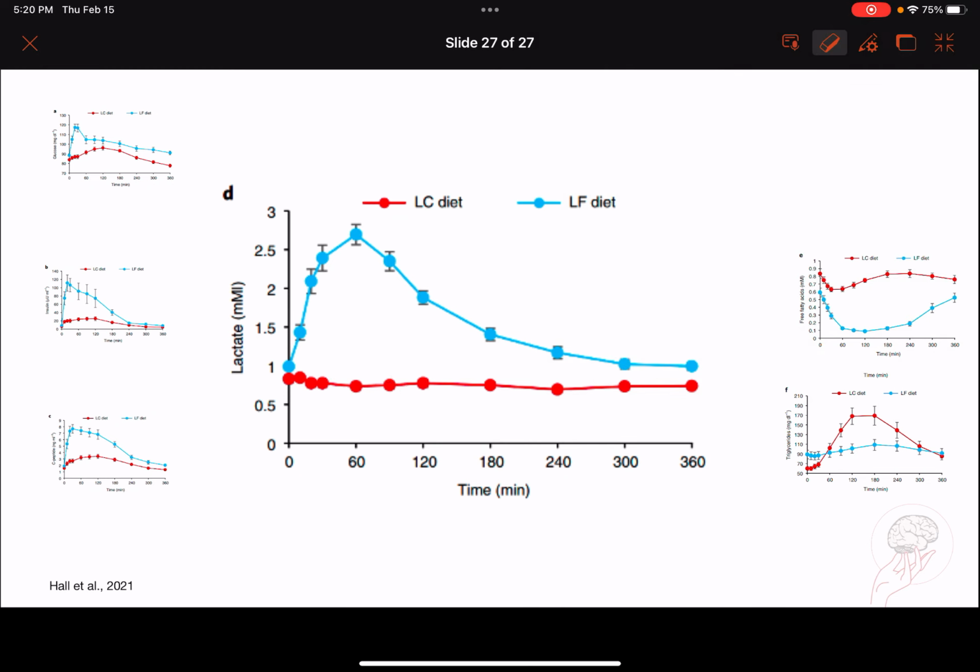And if we look at lactate, again, lactate increases in the low-fat but not low-carb diet. Lactate is a byproduct of glycolysis. So glycolysis is happening here, but it's not happening here.